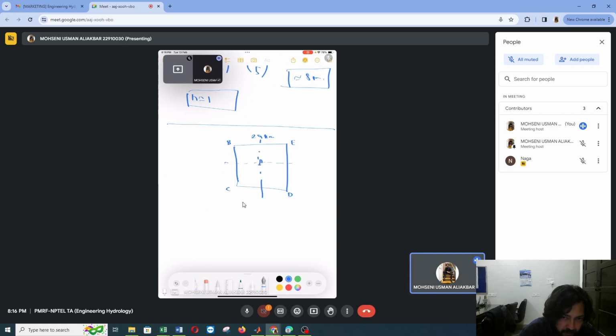So what we are going to do here is mark the center of each side. This means we are dropping a perpendicular bisector from BC to DE, from BE to CD, from CD to BE, right? And we are going to connect it at A. Now we are going to connect all these sides.